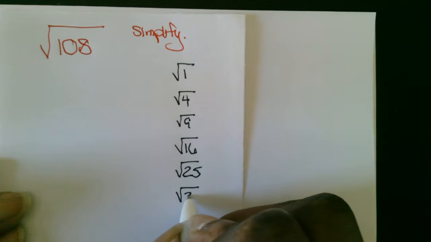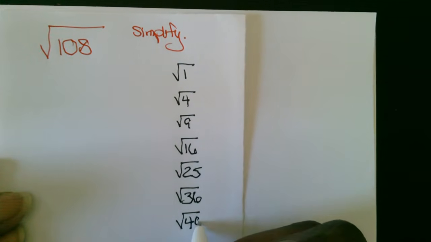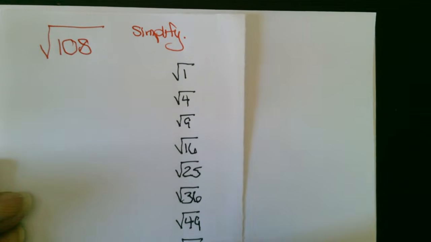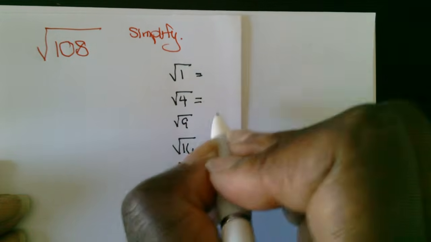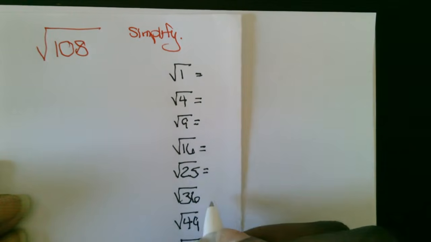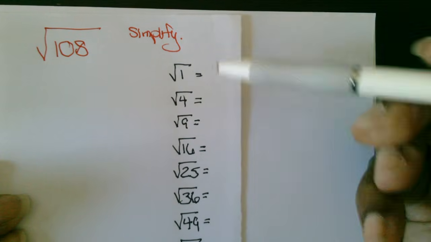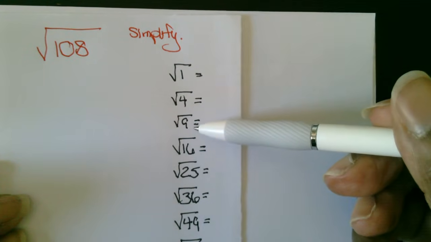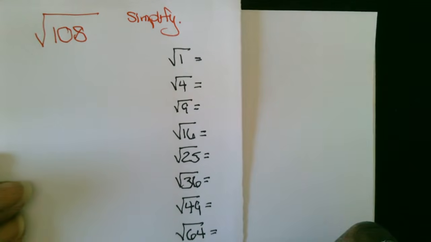Square root of 36, square root of 49, square root of 64. I'm going to hold it for right here. So, the square roots are the inverses of squares. So there is a number, if you square it or multiply it to itself, will give you the results that's underneath the radicals, which are called radicands.